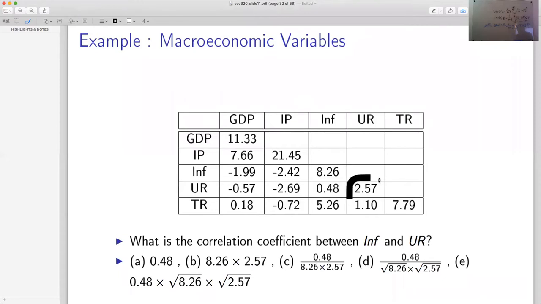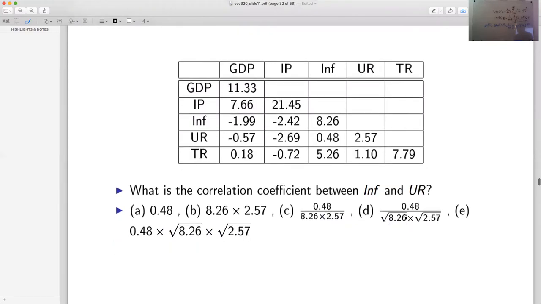Take the square root of it, right? This is the standard deviation of UR. Similarly, you can get the standard deviation of inflation, etc. And then how do you get the covariance between inflation and UR? Inflation and UR is 0.48, which is over here, and then the square root of 8.26 and the square root of 2.57. That's why the answer should be D.